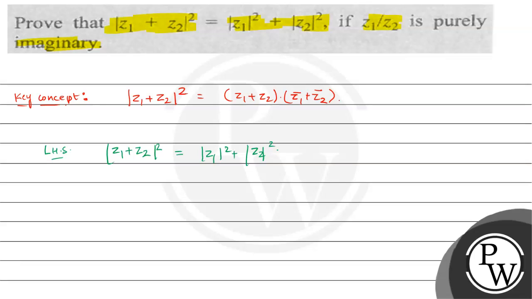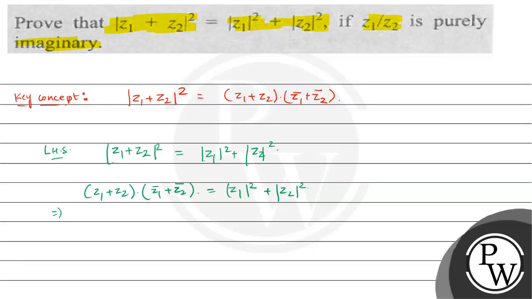Now from the key concept we can write that |z1 + z2|² can be written as (z1 + z2)(z̄1 + z̄2). Bar is nothing but the conjugate of the complex numbers z1 and z2, which is equal to |z1|² + |z2|².